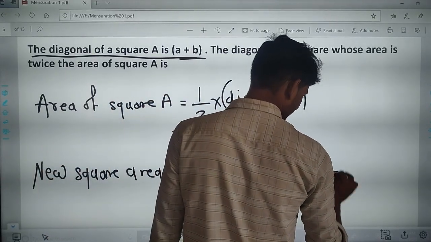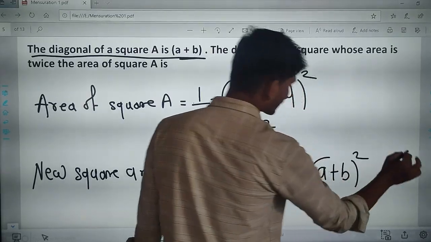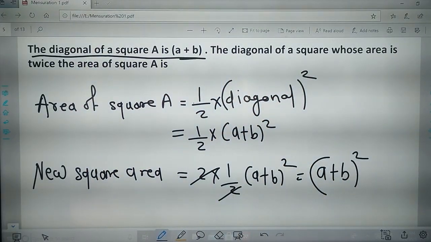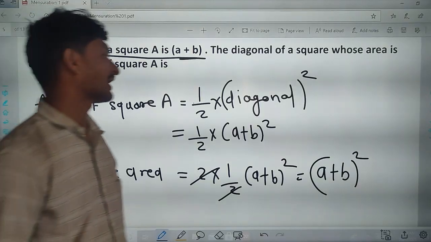Then the area of the new square is equal to (a plus b) squared.